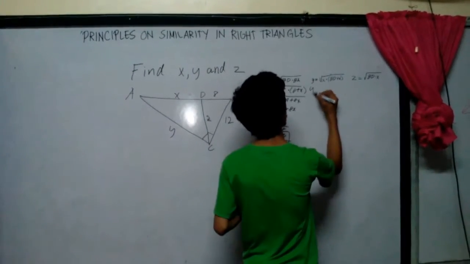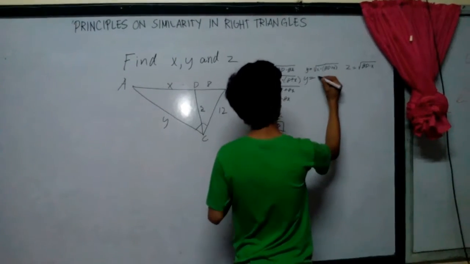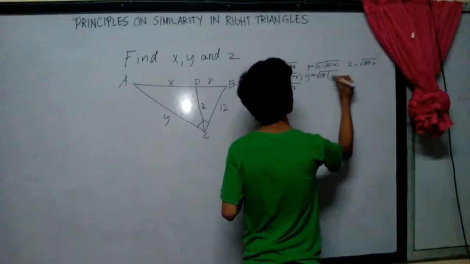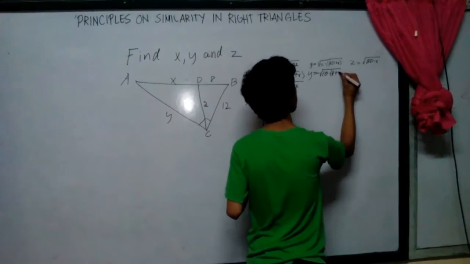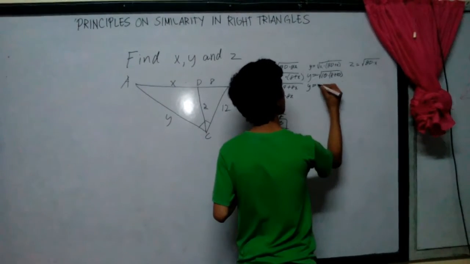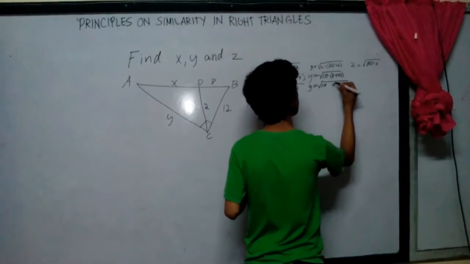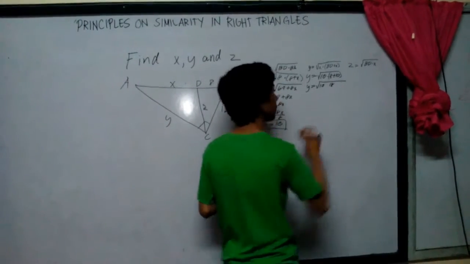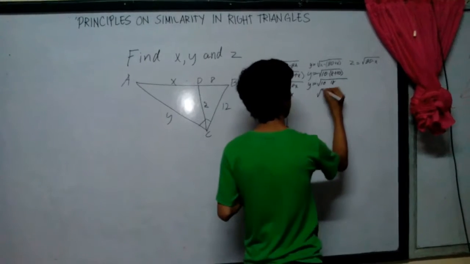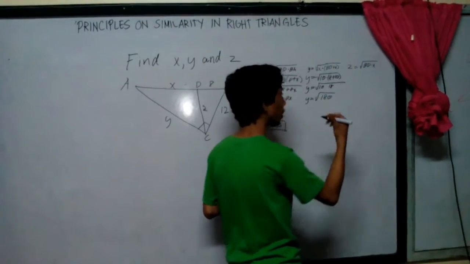Then y is equal to the square root of 10 times 8 plus 10, where BD is 8 and x is 10. y would then be equal to the square root of 10 times 18. By multiplying 10 and 18, we would get 180. y would then be equal to the square root of 180.